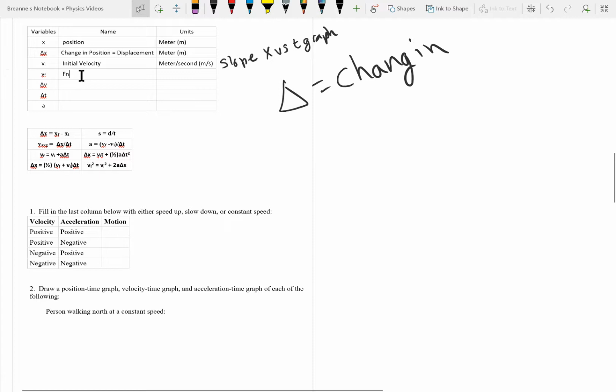F means final velocity, meters per second. Delta means change, so change in velocity, again, which is meters per second.